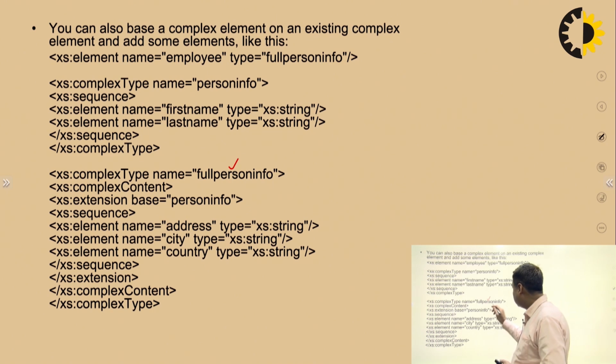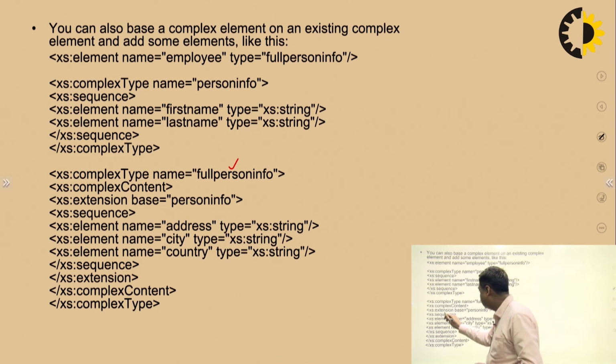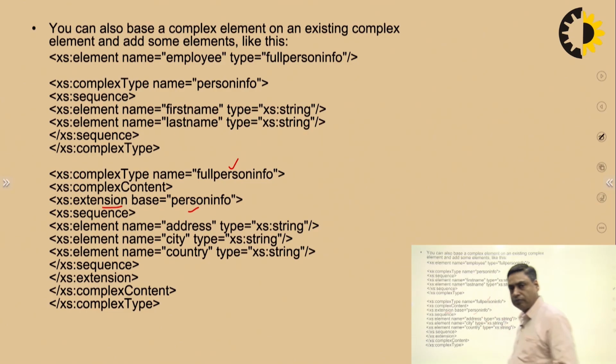So full person info is the extension of person info. So we define a new user defined data type, which is based on the previous user defined data type. Previous user defined data type is person info. New user defined data type is full person info.